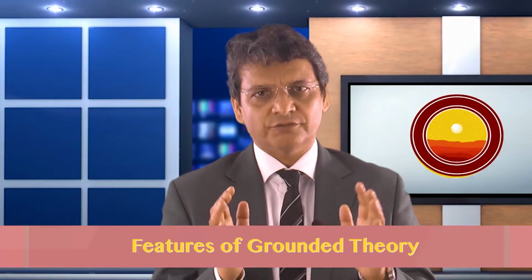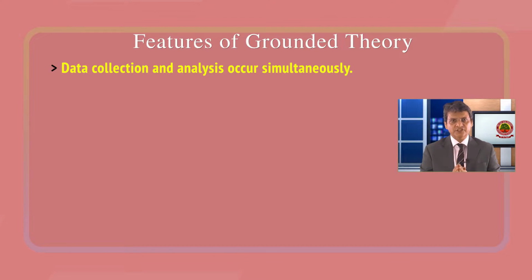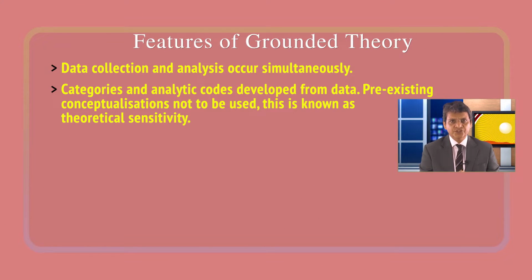Now friends, I'll be talking about the features of grounded theory. The first important feature is that data collection and analysis occur simultaneously. The second is that categories and analytic codes are developed from data, and pre-existing conceptualization is not to be used, which is known as theoretical sensitivity.